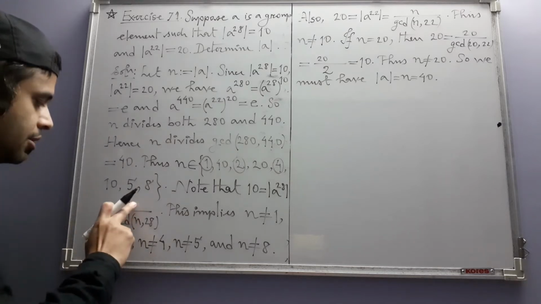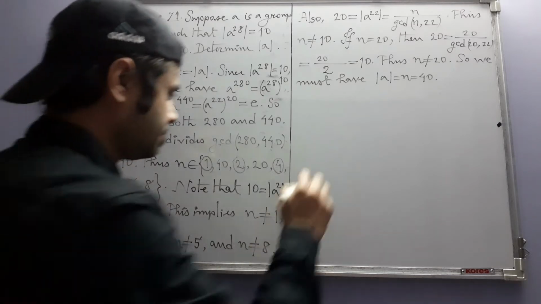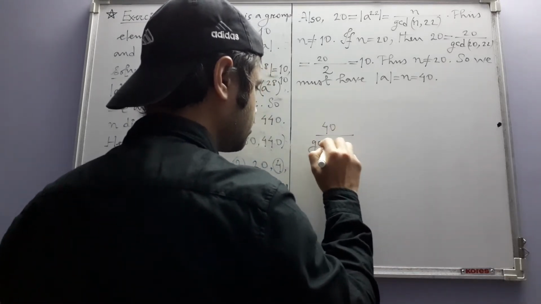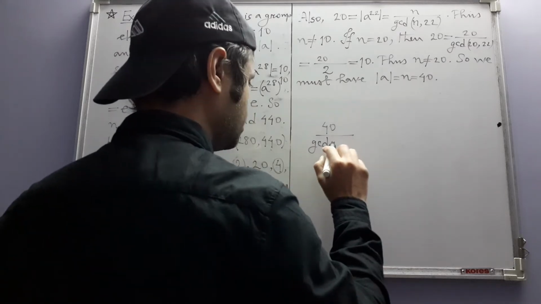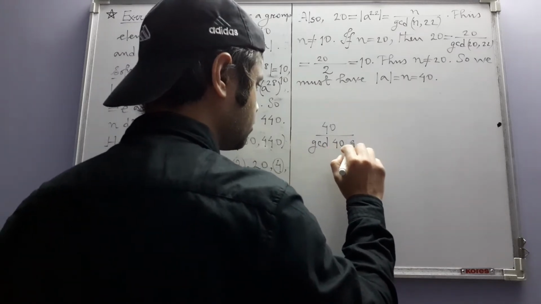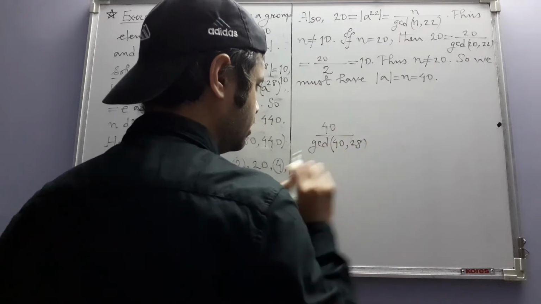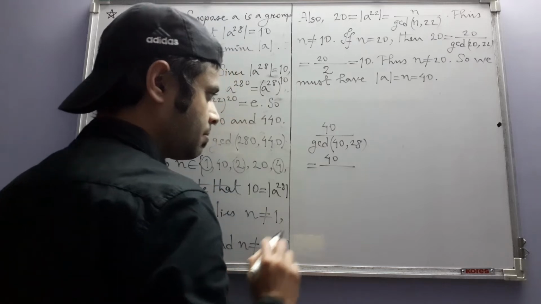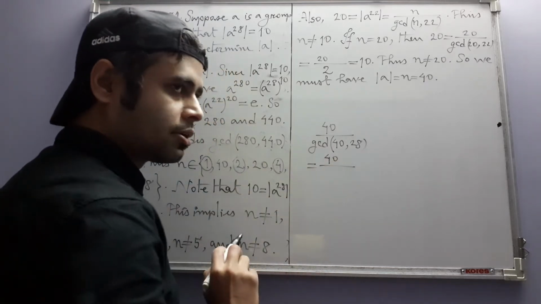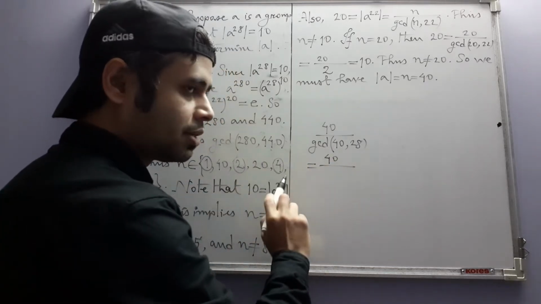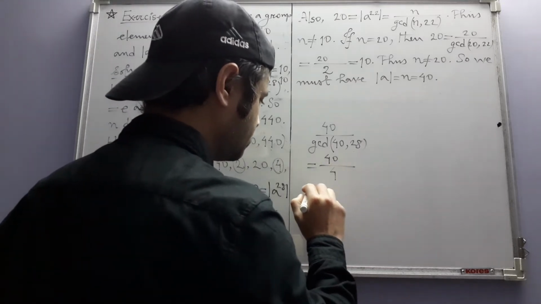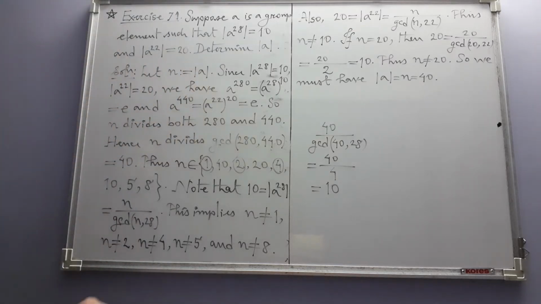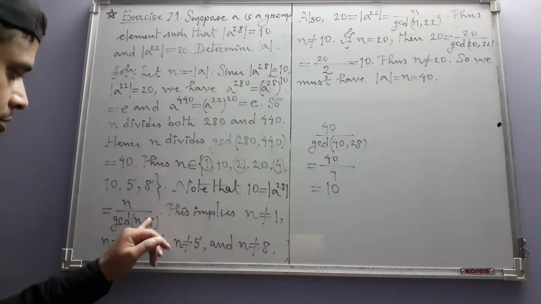If you take n equal to 40, say this here, then 40 divided by GCD of 40 and 28. Seven does not divide 40. 4 divides 40. So this is 4. This is equal to 10. So you see 10 equal to this.